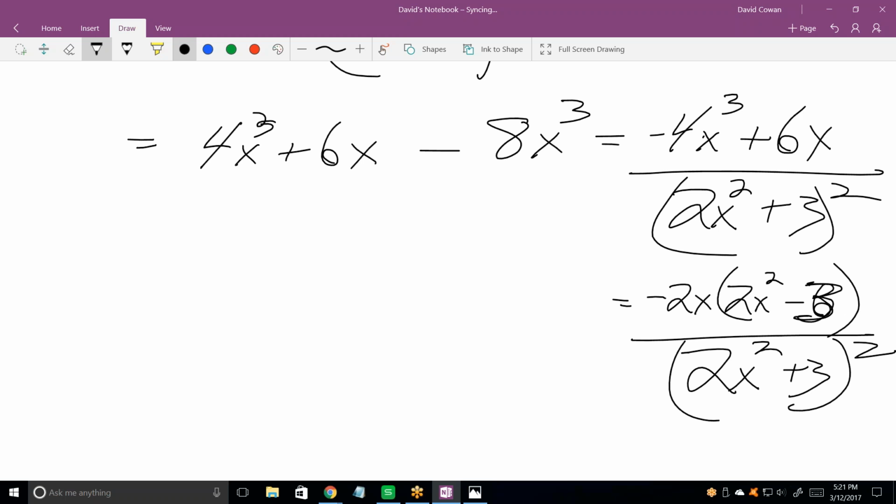In other words, there's nothing I can do with that 2x squared minus 3 divided by 2x squared plus 3. That's not simplifiable, even though it looks so close. I would have loved this problem had they made that come out perfect. If they'd made this a plus, then I could have canceled that with one more of that, and I would have had a much simpler final answer. Not that that's good or bad, it's just sweet.